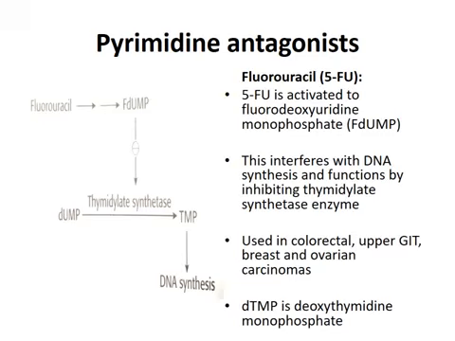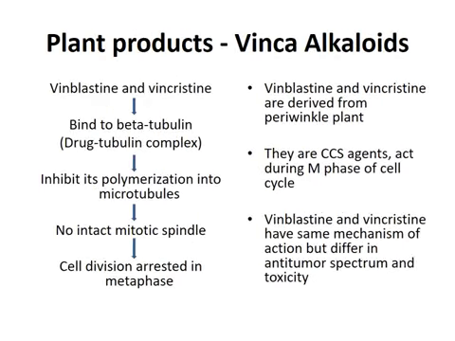So dUMP is normally converted to dTMP, that is deoxythymidine monophosphate, through which DNA synthesis occurs. This is not happening because fluorouracil is converted to FdUMP, which inhibits this enzyme. dUMP is not getting converted to dTMP, so DNA synthesis does not happen. It is used in colorectal, upper GIT, breast and ovarian carcinomas.